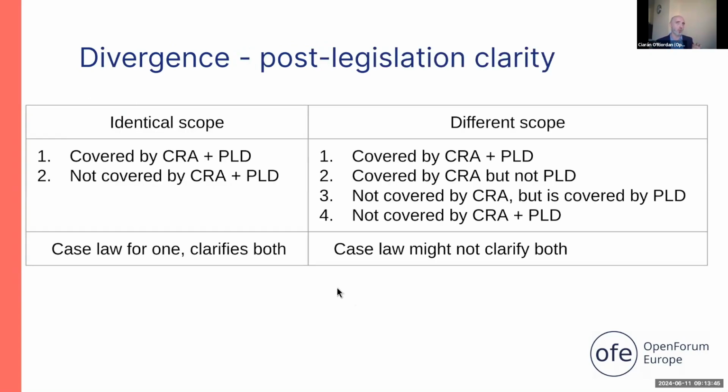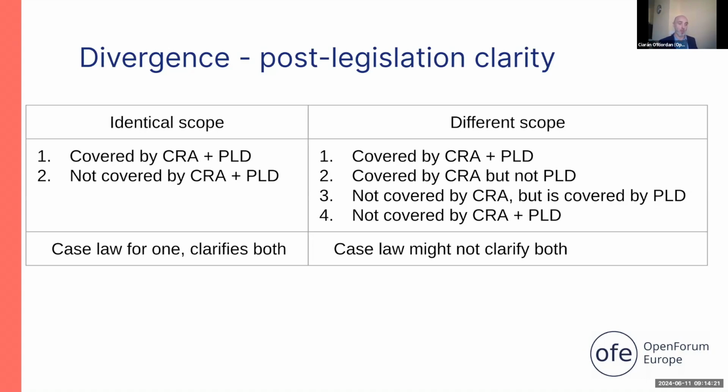I would just add, we're trying to avoid divergence between texts in the European Union, but we're also hoping to avoid divergence between the laws that exist in different parts of the world. So if other parts of the world are going to also create product liability regulations, then it would be beneficial for the free and open source software ecosystem if these laws were as similar as possible, so that when people are working on compliance that will be useful in a certain region, then that work should also be valid and useful in a different region.